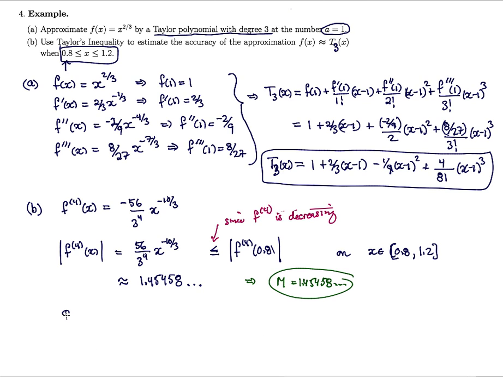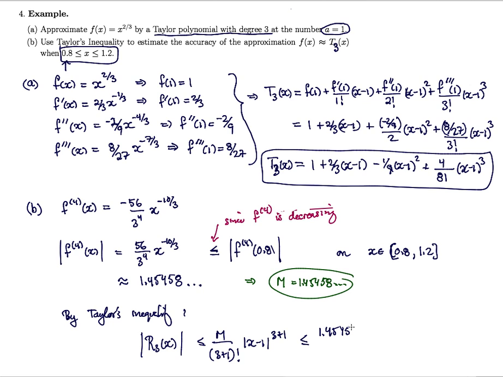Okay, so now, by Taylor's inequality, we have that the remainder is at most M over 3 plus 1 factorial, times x minus 1 to the 3 plus 1, which is at most 1.45458 over 4 factorial. And the biggest x minus 1 can be, since we're looking on the interval from 0.8 to 1.2, is 0.2.